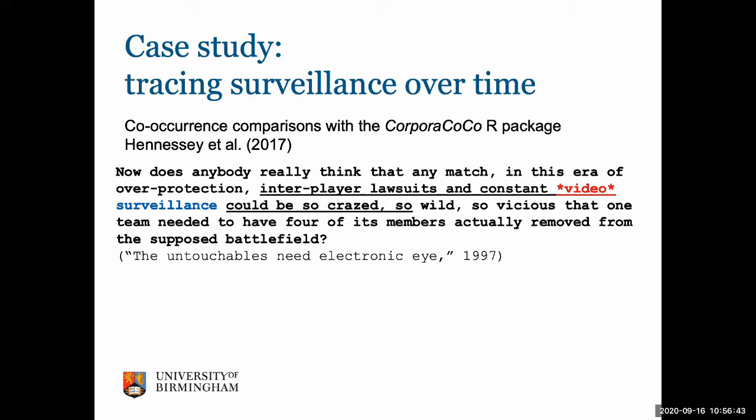So for us, it's really important to compare data sets. What the package does is it runs a statistical significance test, the Fisher's exact test. It compares the co-occurrence counts in one corpus with another one, and then finds out which words occur significantly more frequently with surveillance, or the word you're looking at, in one corpus compared to another.